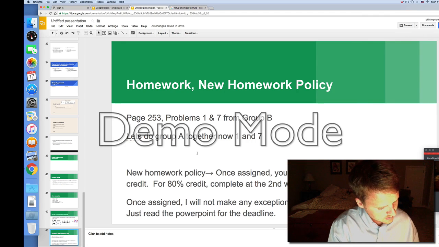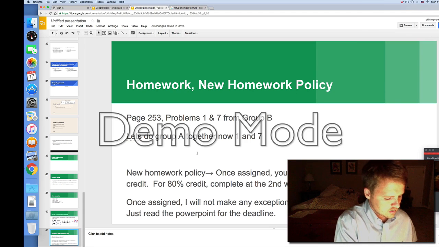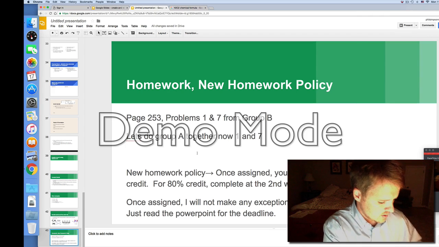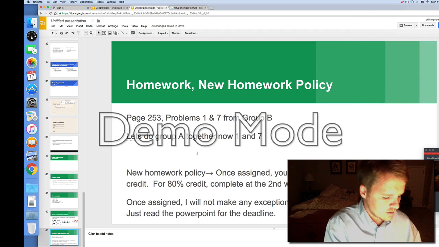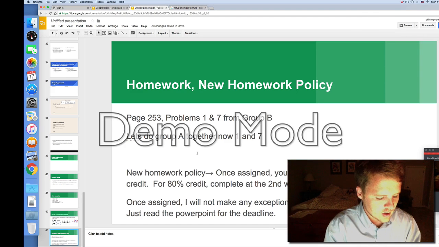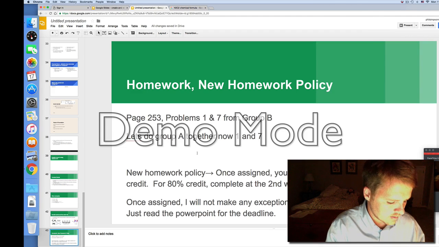If you look at Chapter 9 problems, the answers are in the back. It's a lot like the problems on the right side of the table.